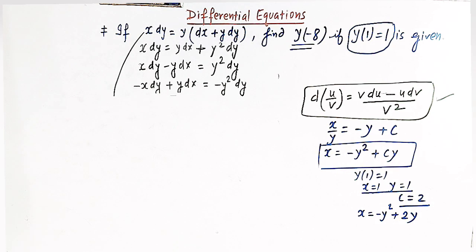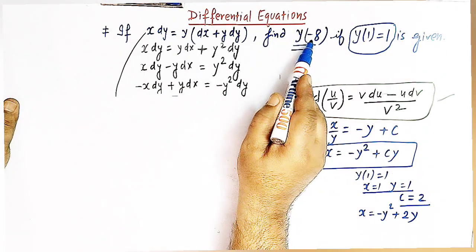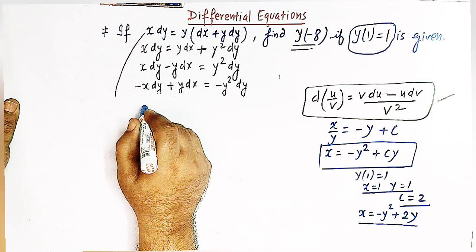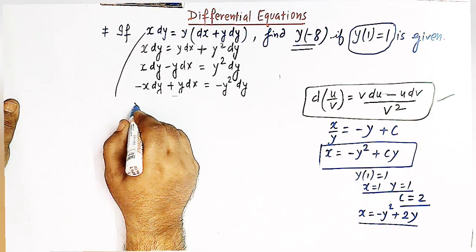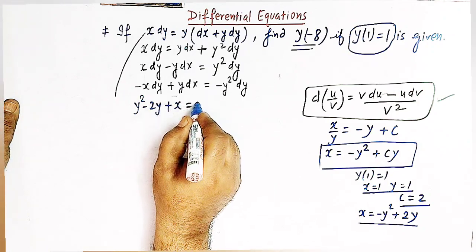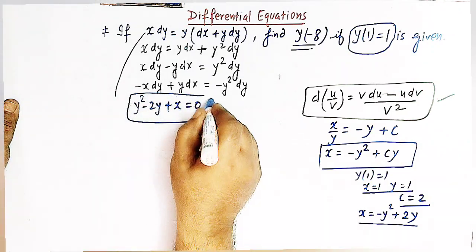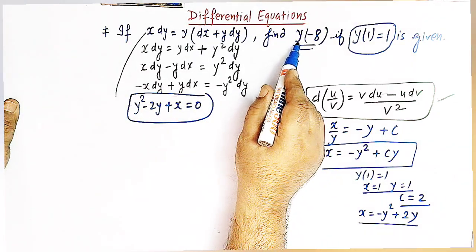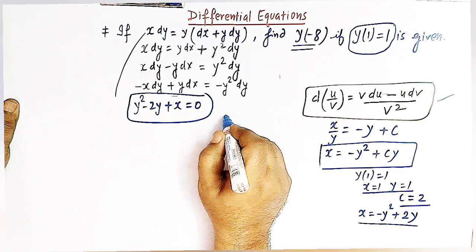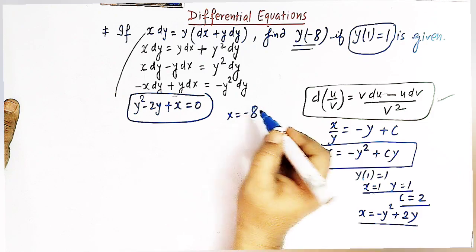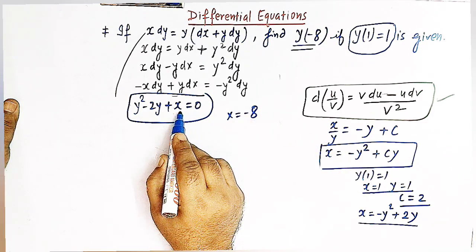So now our aim is to find the value of y of minus 8. So what we will do, will proceed from this expression. So we have here y square minus 2y plus x is equal to 0, right? So this is a quadratic equation in y, and to get the value of y when x is equal to minus 8, we will take x is equal to minus 8 in this expression.